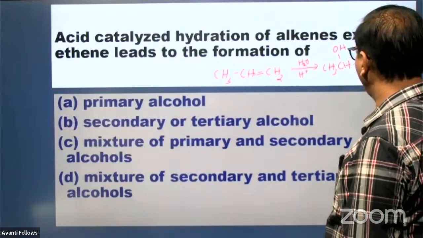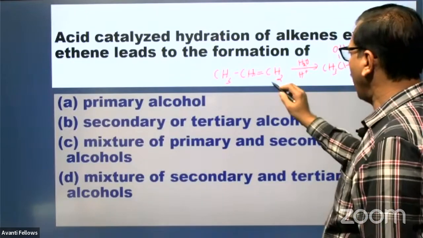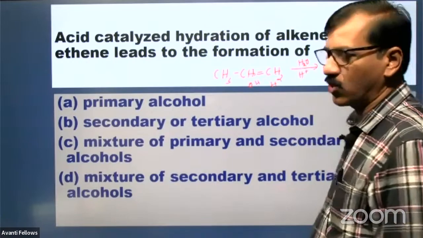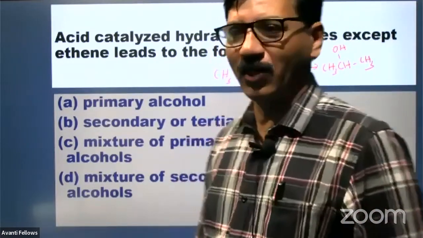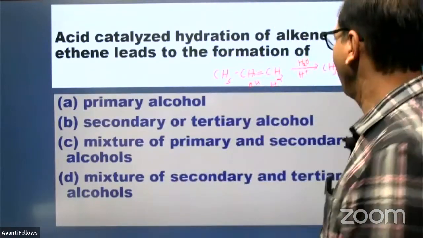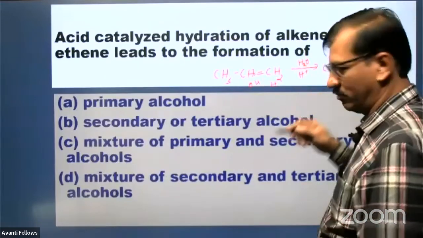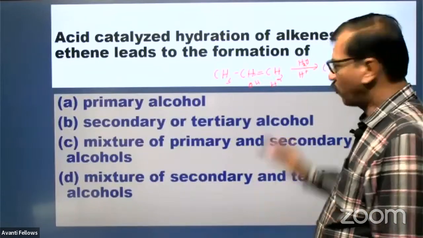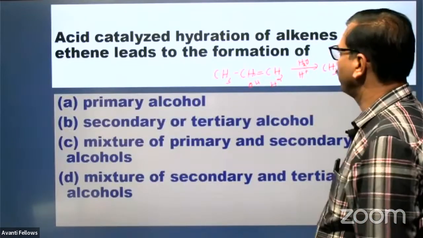This is the word I used yesterday. H adds here and OH adds here. This is as if anti-Markovnikov, the negative part of the addendum, can be taken as the OH minus ion. But the anti-Markovnikov rule is only for HBr. For remembering, I am using that word, right?